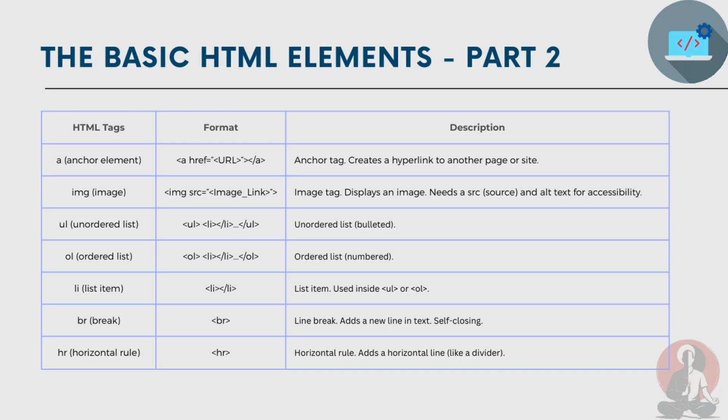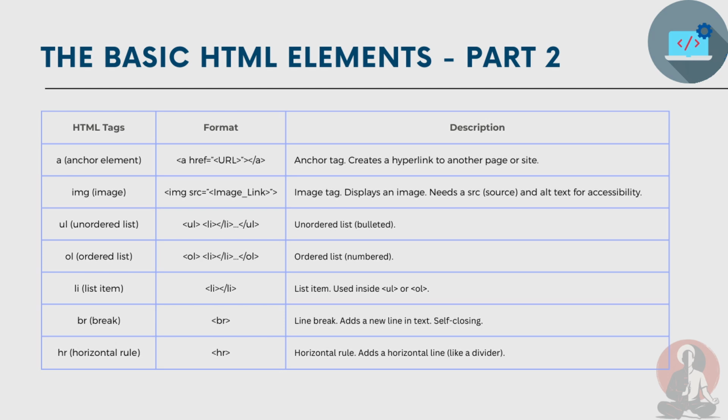Then we have ul for unordered list, ol for ordered list, and inside of ul or ol we put li, the list item. We also have br, or line break. It adds a new line in the text and it's a self-closing HTML tag.